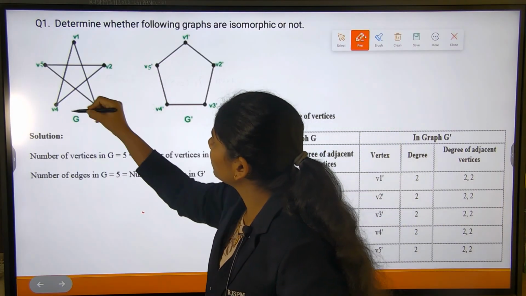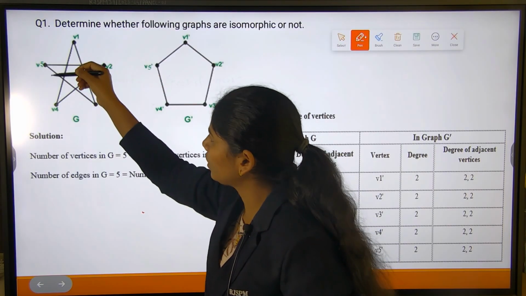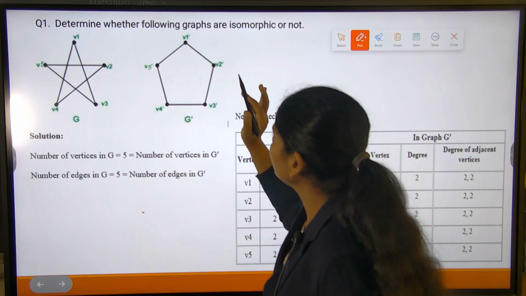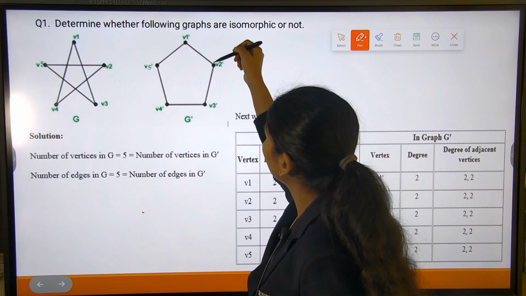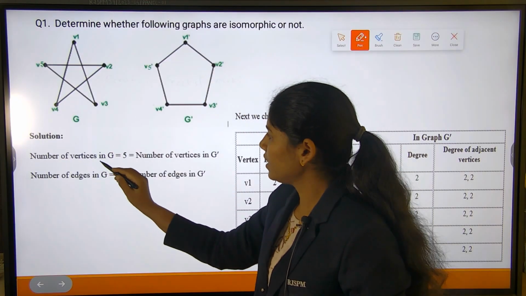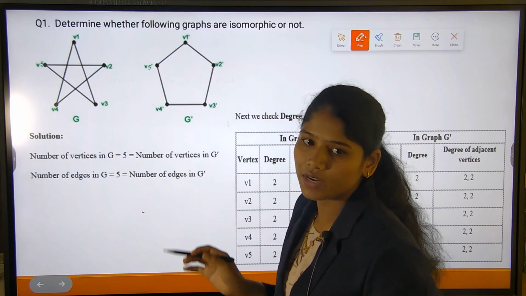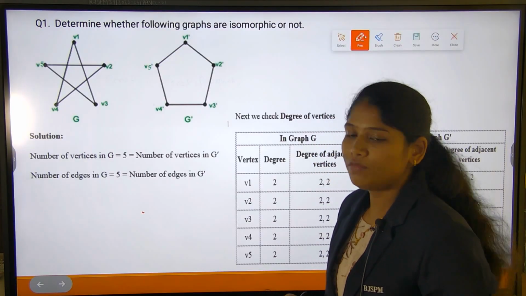In the first graph there are 5 vertices, 1, 2, 3, 4 and 5. Same in G dash, there are 5 vertices. So write down: number of vertices in G is equal to 5, equal to the number of vertices in G dash.